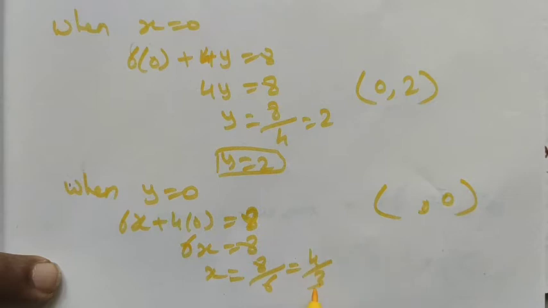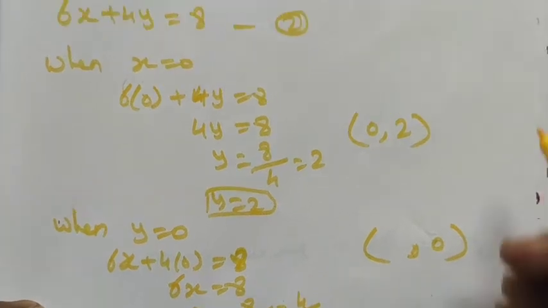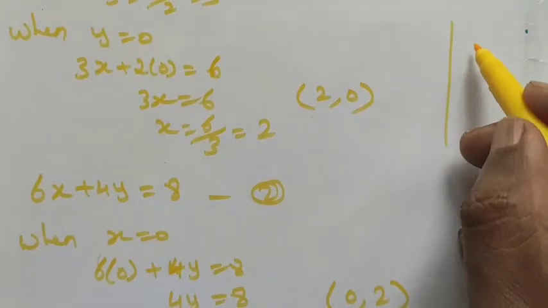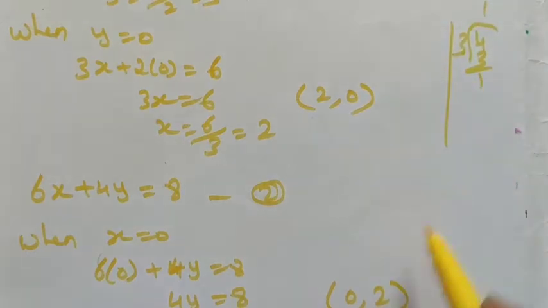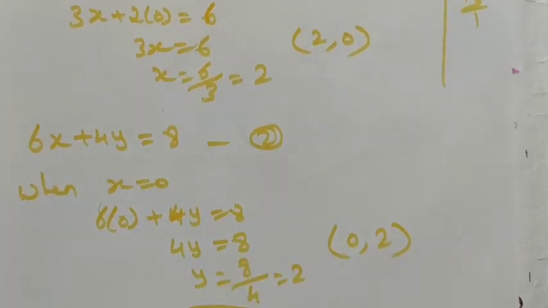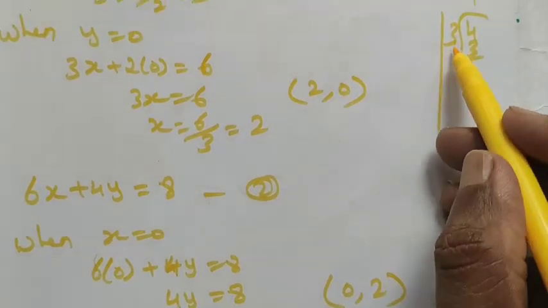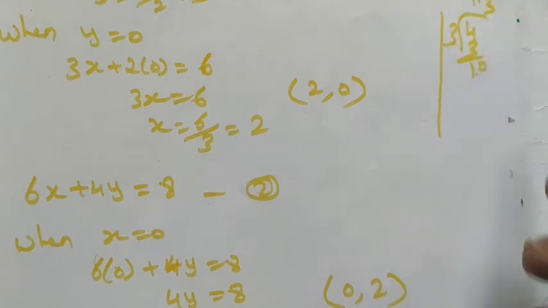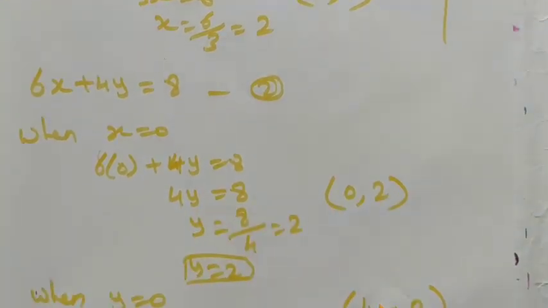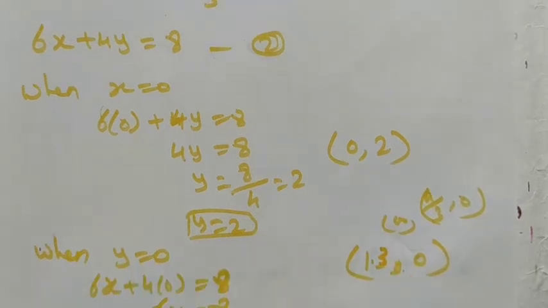Even if it is a fraction, don't be afraid. 4 by 3 is about 1.3. The ordered pair is 4 by 3 comma 0, or 1.3 comma 0.